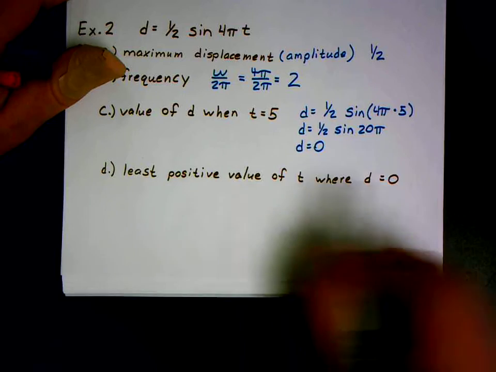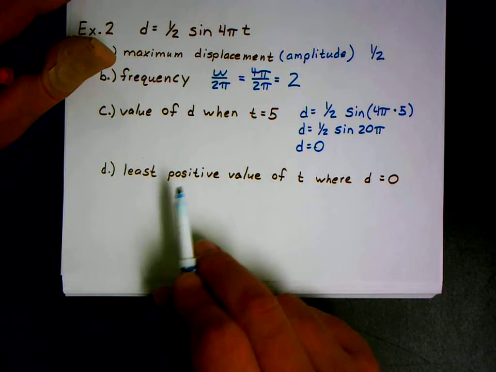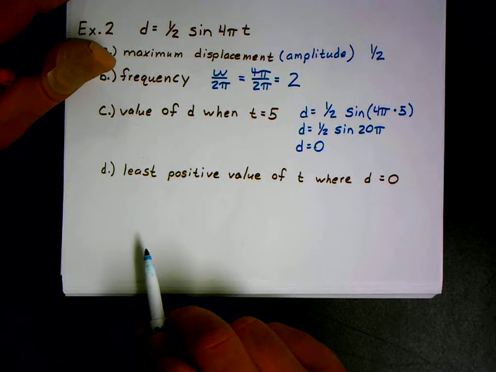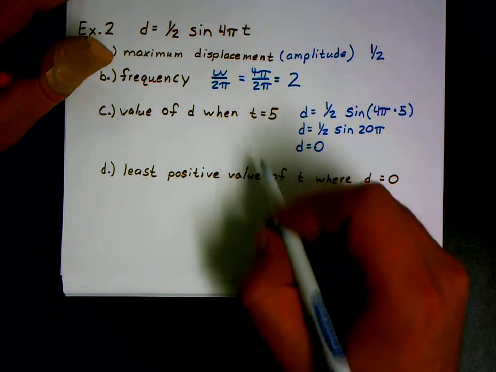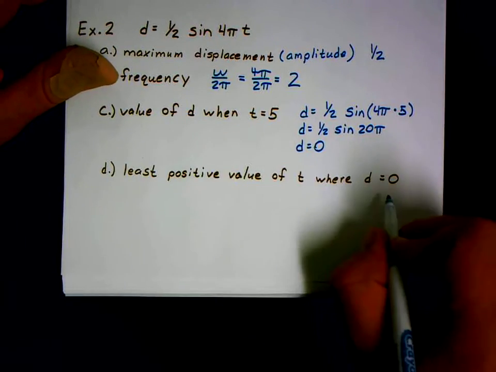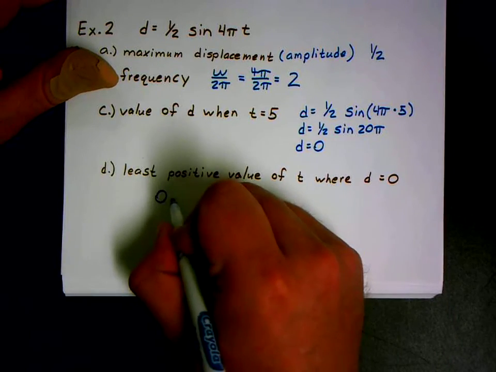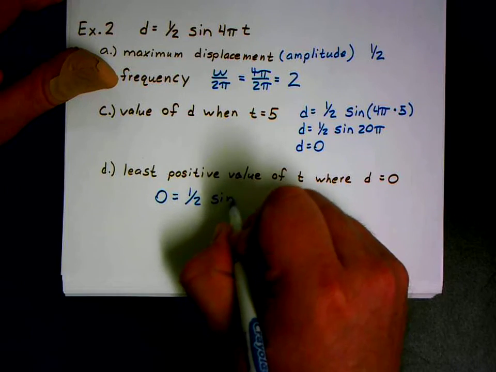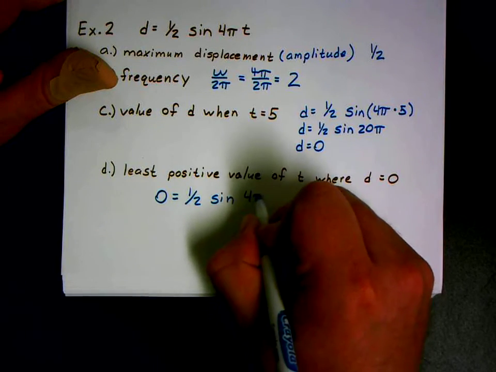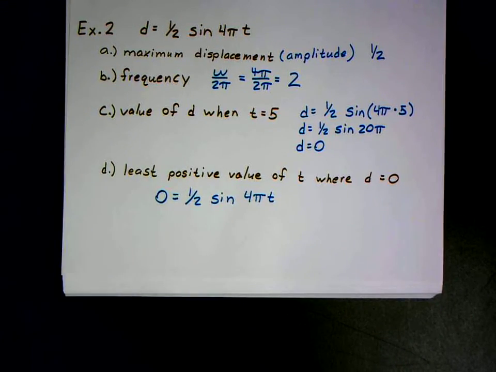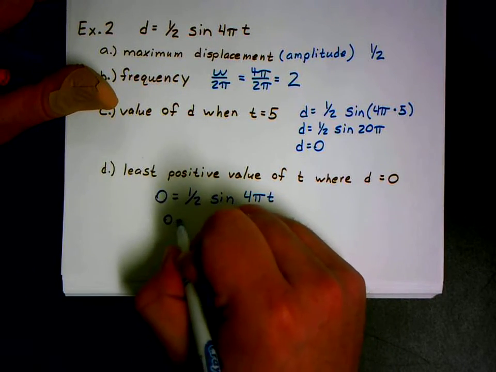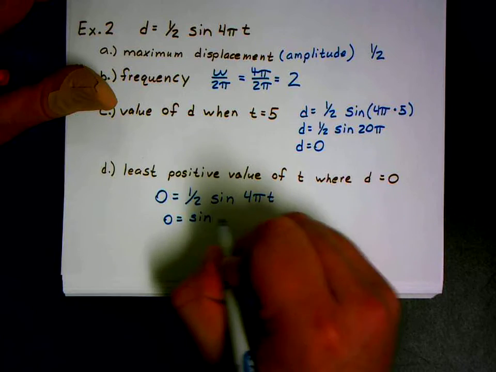Okay, this one takes a little bit more work. Least positive value of t where d equals 0. Okay, well, so we need to put that in. So d equals 0. Okay, so I can get rid of the 1/2. If I divide that off, that still equals 0.